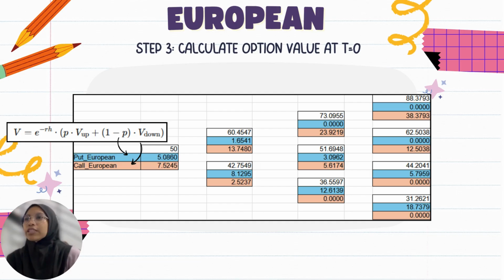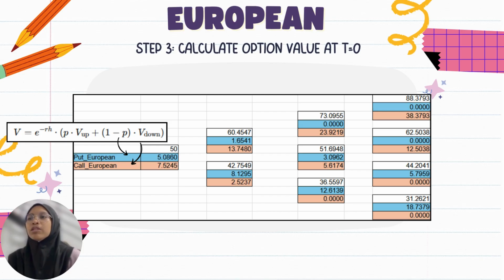And then for step 3, the last step, we're going to calculate the option value at T equal to 0. We use backward induction, where we calculate from the most right and then go down to the most left.